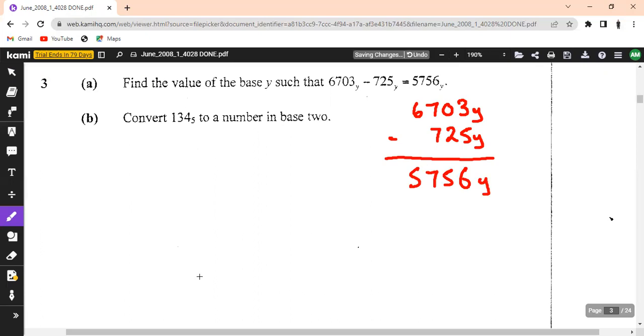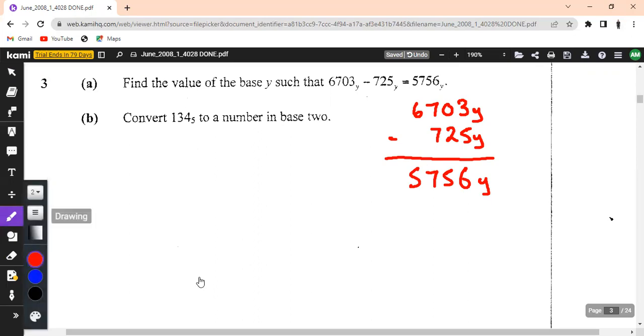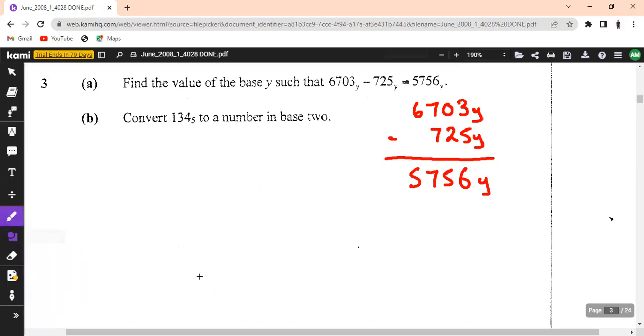All right. On a normal circumstance, we know that when we are dealing with the bases, we are supposed to subtract. We are supposed to subtract 3 minus 5. And as you can see, it's impossible for us to subtract. So what happened? We ended up adding the base, which in this case is y, to this 3.